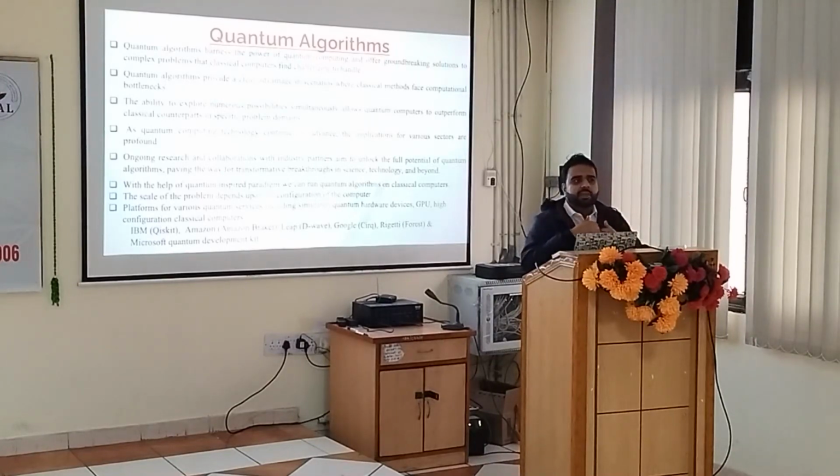I'm not saying that the quantum algorithm will always have better accuracy as compared to the classical. The main advantage is time, because if we have to map time and accuracy, then we have to compromise on one of the variables. If you want the time, go for quantum. If you want the accuracy, you have to check with the classical. Right.